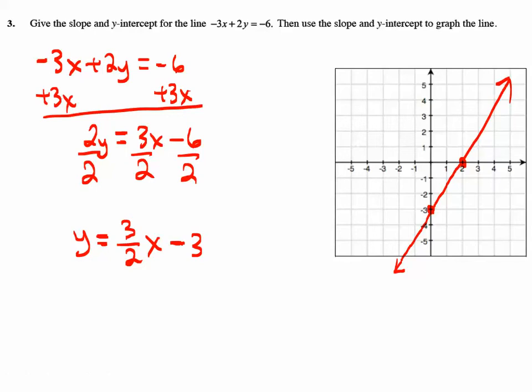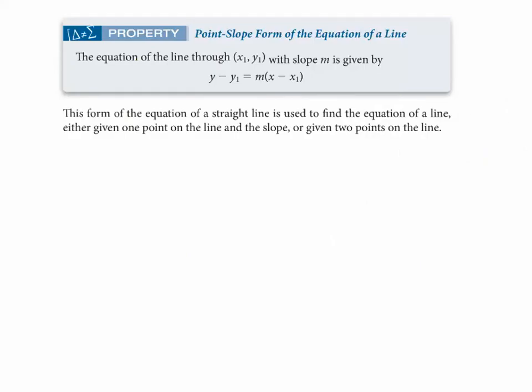Alright, since we did it this way, now let's go backwards. So something called the point slope form. So we know how to go from equation to a graph. Now the question is, how do you go from graph back to an equation? Alright, and it does come from the slope formula.